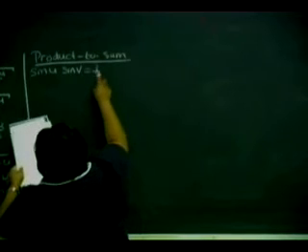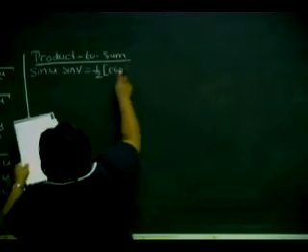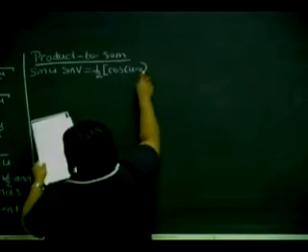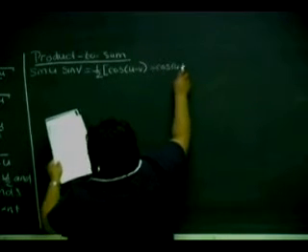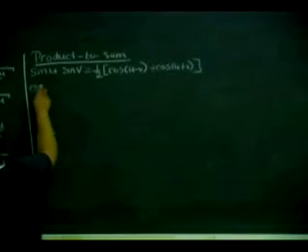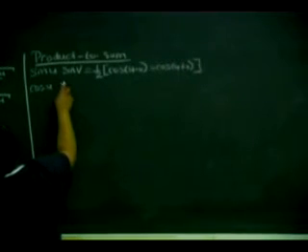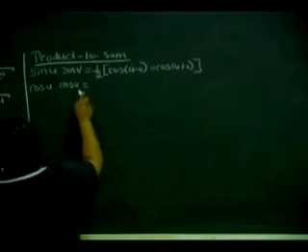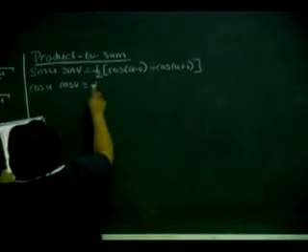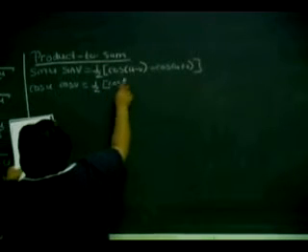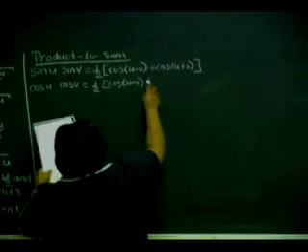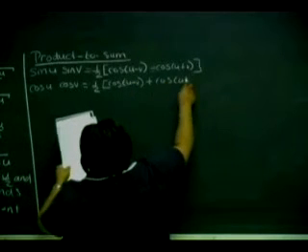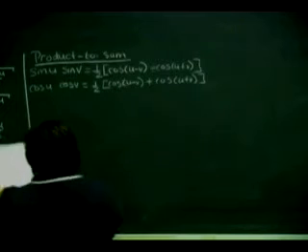We can break it down to the sum 1/2 cosine U minus V minus cosine U plus V. Cosine U cosine V is 1/2 cosine U minus V plus cosine U plus V.